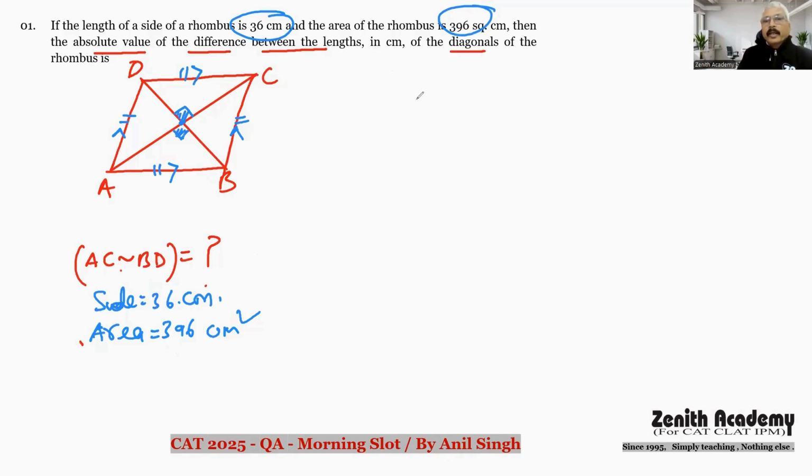Okay. Here area is given 396 and the side is 36. You know the area of a rhombus? Area of the rhombus is half of the product of diagonals, AC into BD.